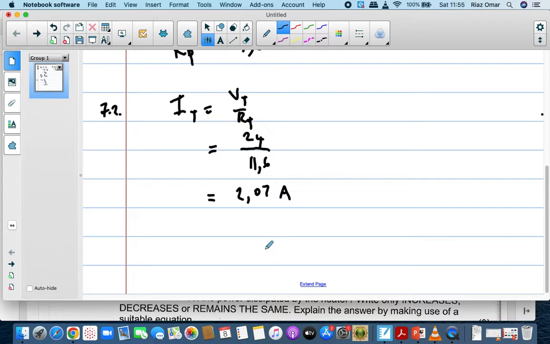Your voltage in parallel, can we work it out now? Voltage in parallel equals total current times your resistance in parallel.